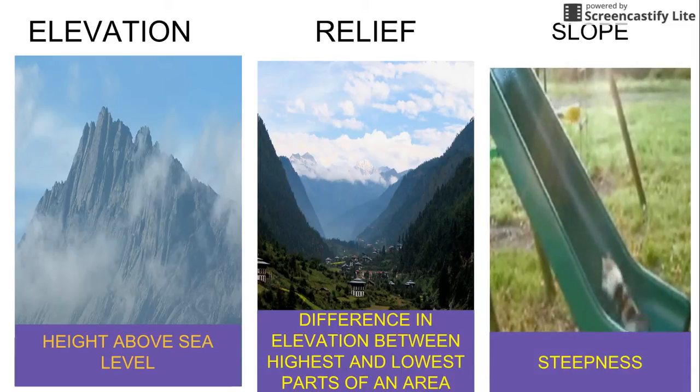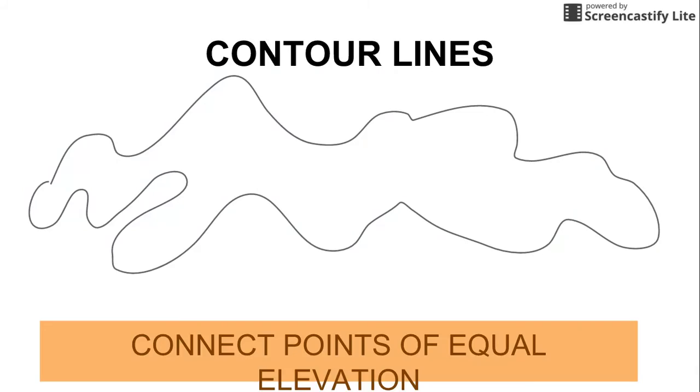And finally, we can look at contour lines and know what the slope is of an area simply from looking at a map. And when I say slope, I mean steepness. So again, just simply glancing at these lines, I can tell if an area has a very steep change in elevation or a more gradual change in elevation.